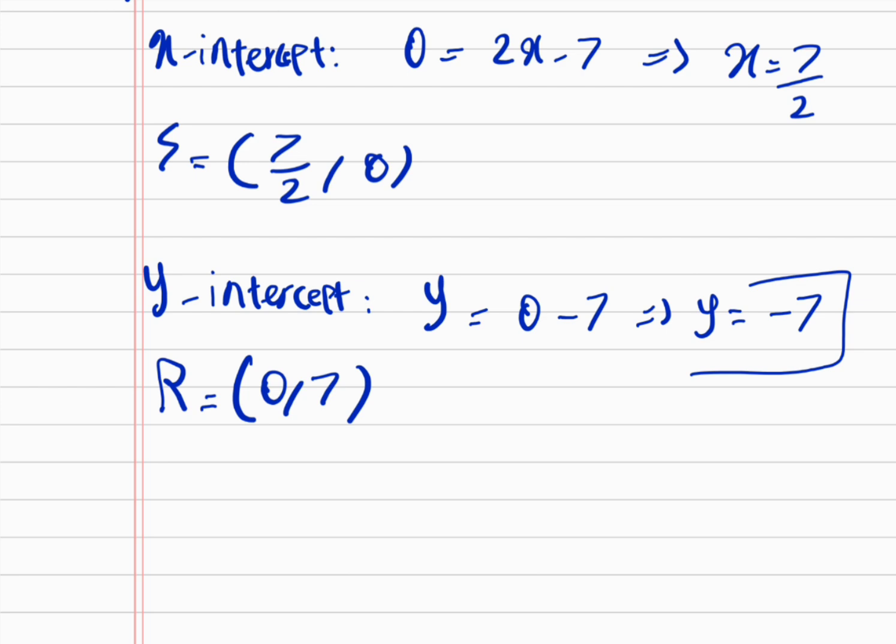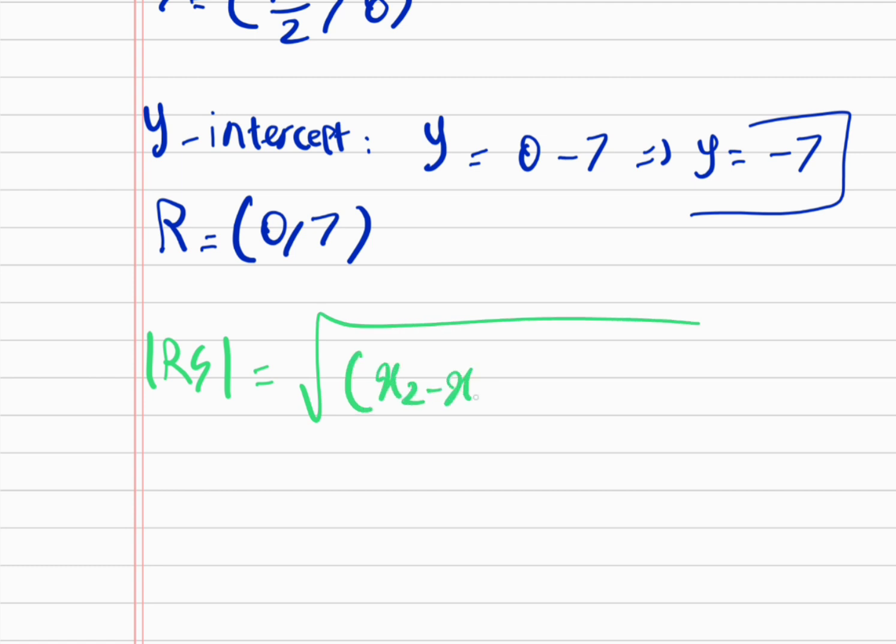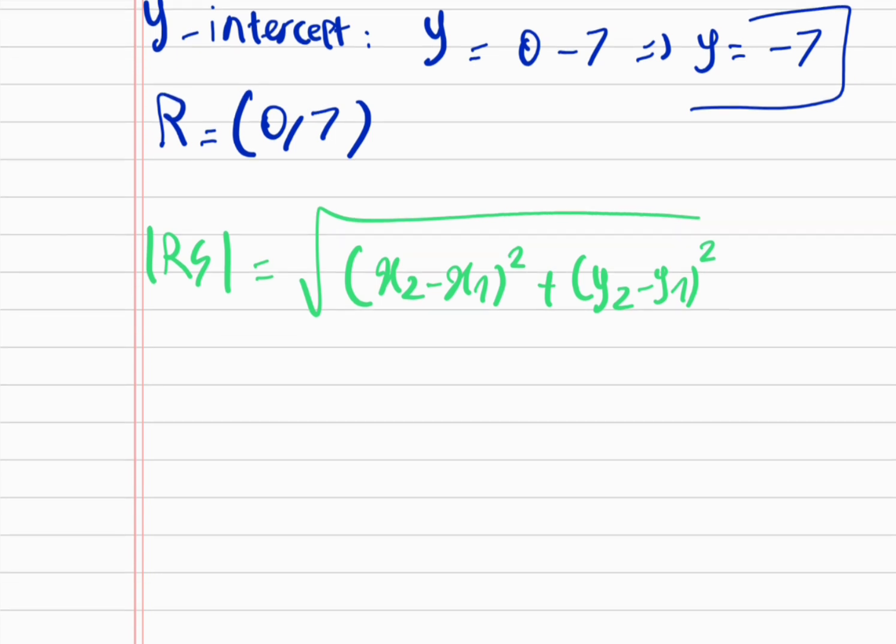Now that we have the two points, we can find the distance RS, and the formula of the distance is the square root of (x2 minus x1) squared plus (y2 minus y1) squared. So in this case, we just need to substitute the coordinates.